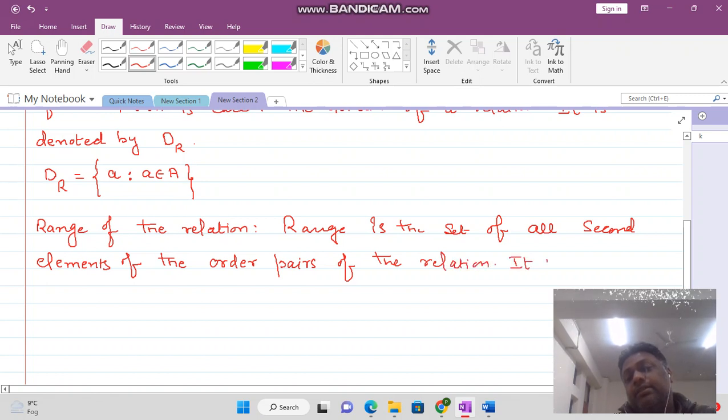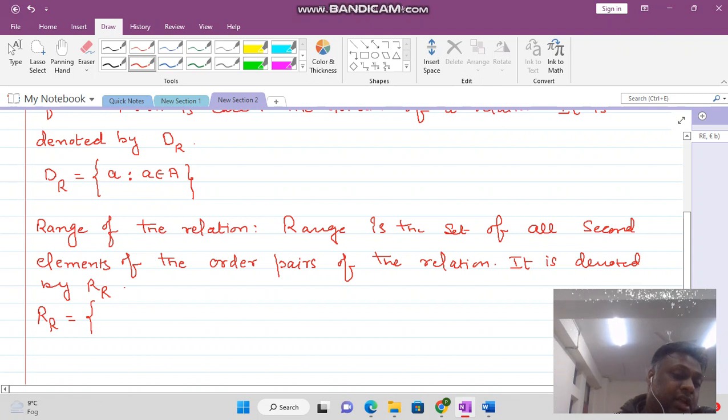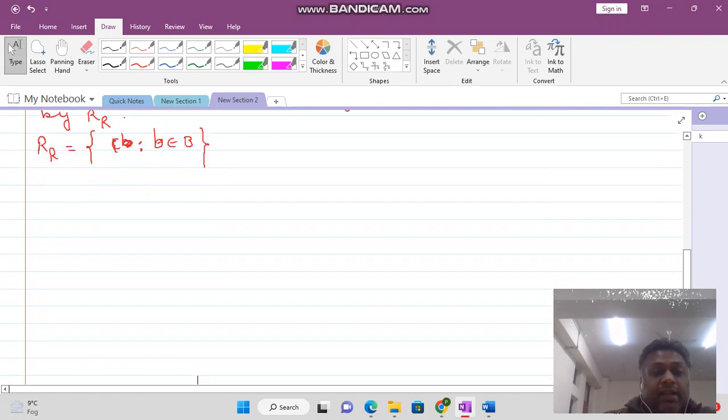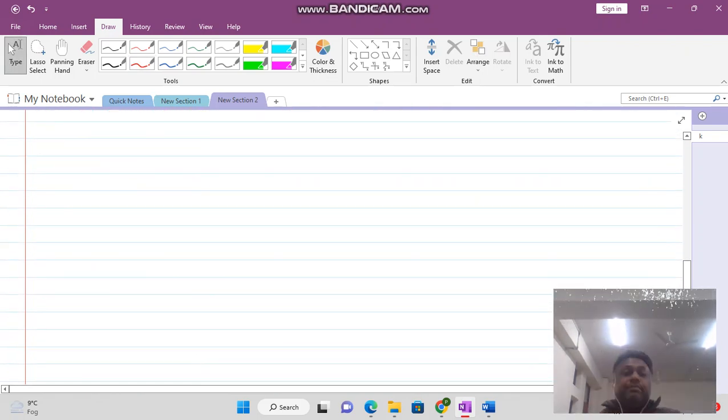It is denoted by R subscript R. So in the range of the relation R, we have element b, where b belongs to B. In this way we find the domain and the range of the relation.